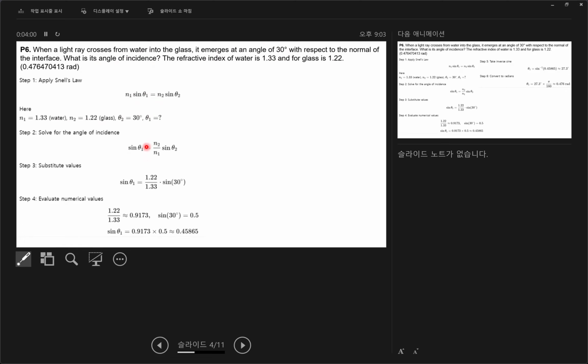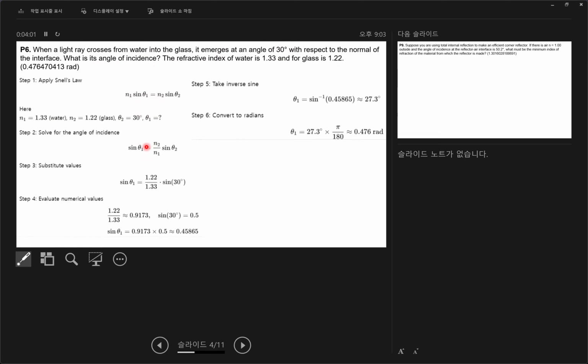Okay. And then you need to change to radians. Some of the mistakes are usually made in changing degrees into radians. Pi is 180 degrees, so you need to multiply by this factor.